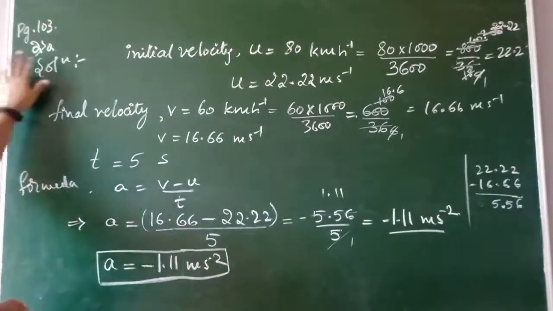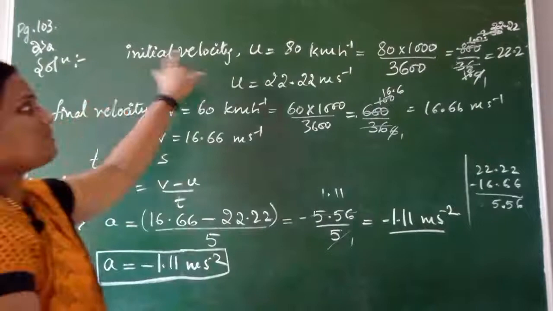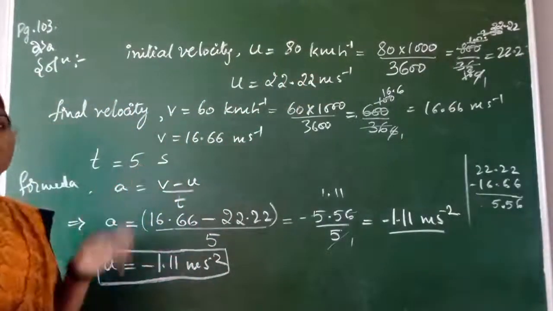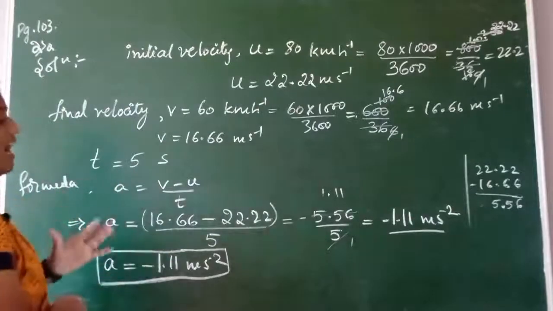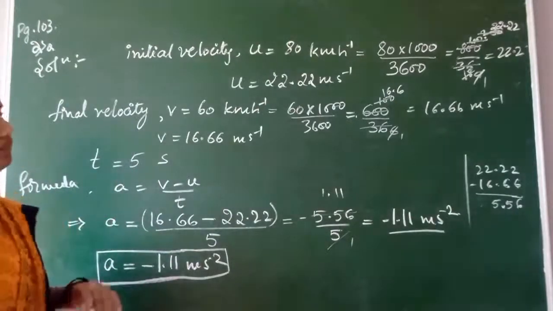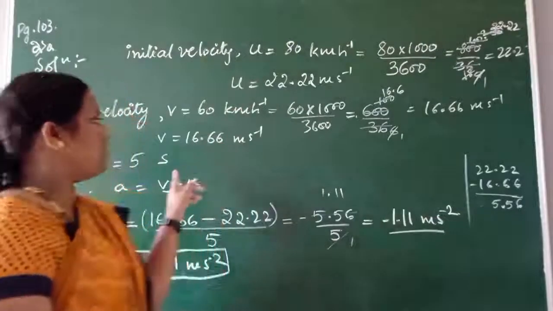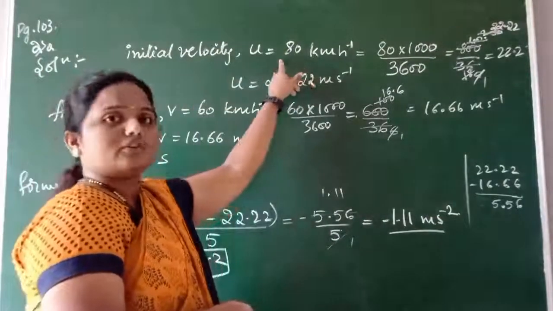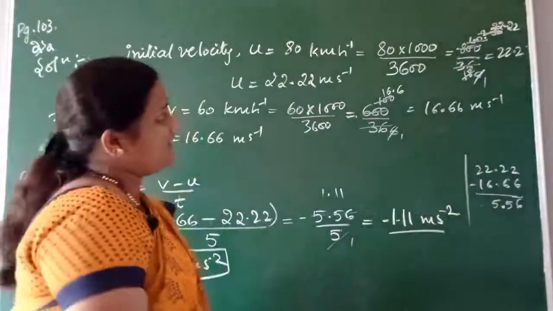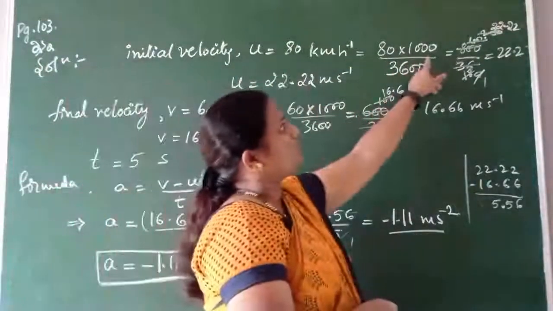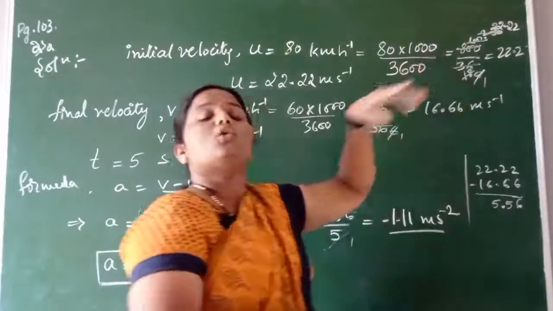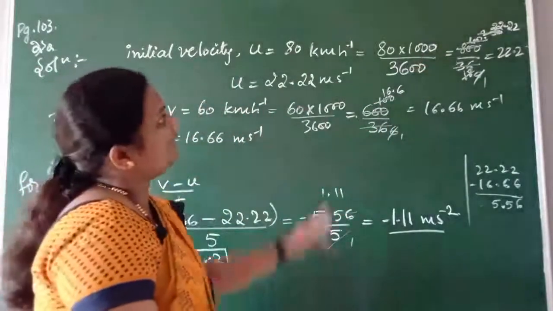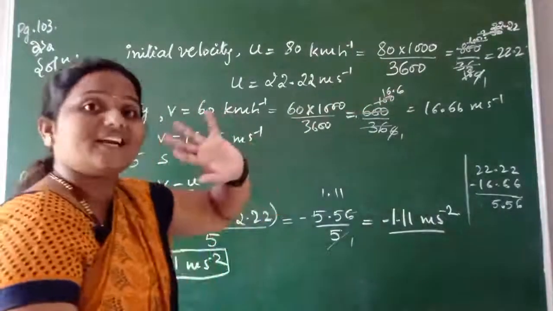I'll explain. A bus is decreasing its speed from 80 km per hour to 60 km per hour in a time of 5 seconds. Calculate the acceleration, is the question. Since the time we need is in seconds, we need to convert the velocity into meter per second. So 80 into 1000, because 1000 meter is equal to 1 kilometer, and similarly 1 hour contains 3600 seconds.